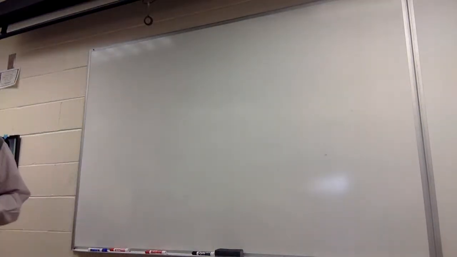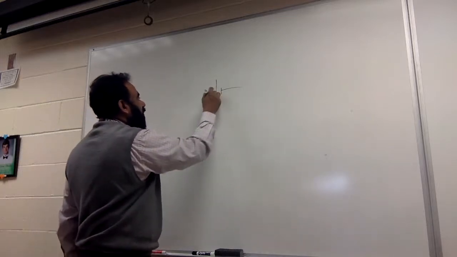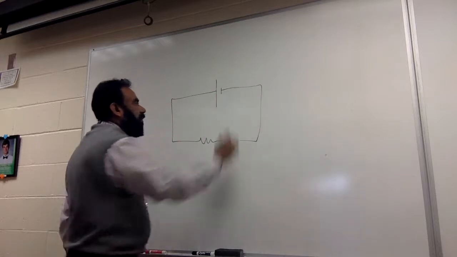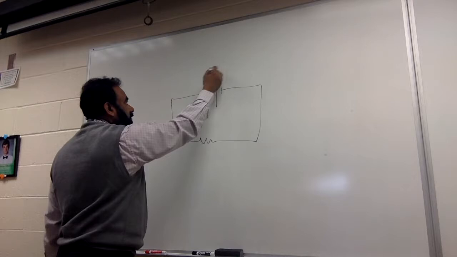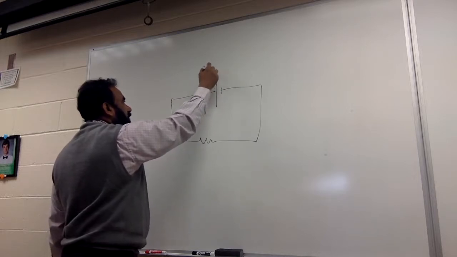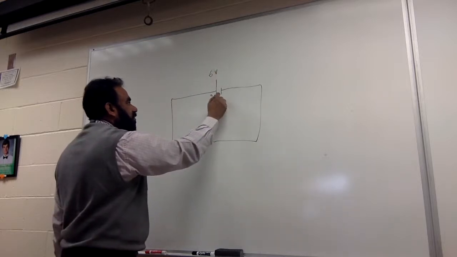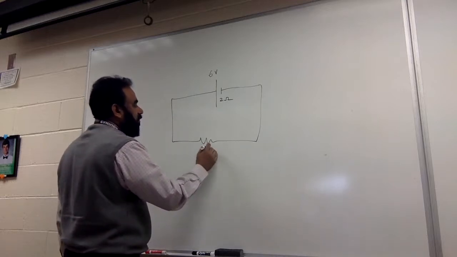So you know the idea now. I'm going to give you some examples and we'll see how it works. Just a simple example. The EMF is 6 volts, internal resistance 2 ohms, external resistance 4 ohms.